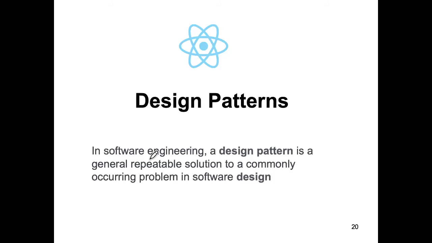And so the solutions to them, good solutions and bad solutions, and in particular good solutions, have emerged over time. And we refer to these efficient and well-designed solutions to these common reoccurring problems as design patterns.